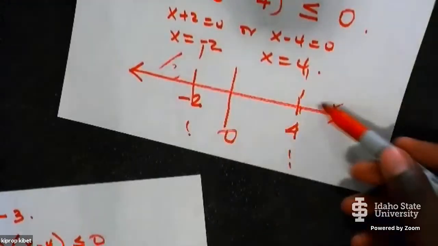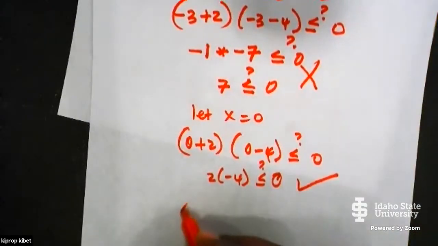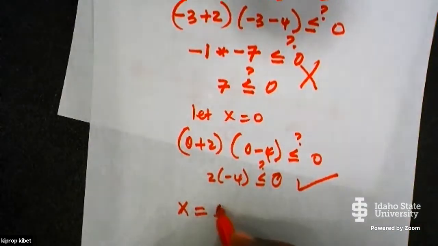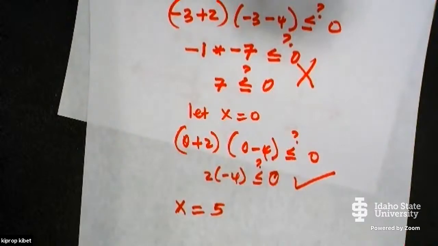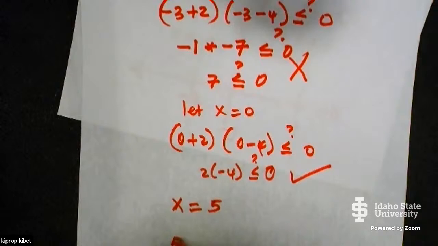And then we come to the next region, which is after 4. So now let x equal 5. So you slot in 5: 5 plus 2, and then 5 minus 4.